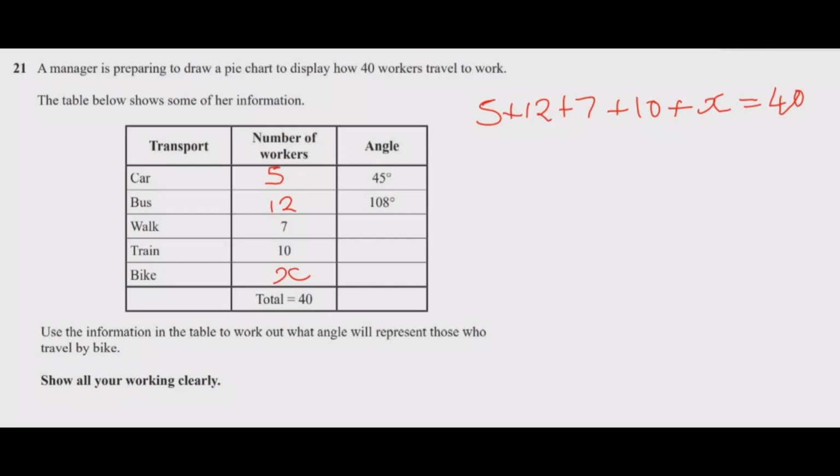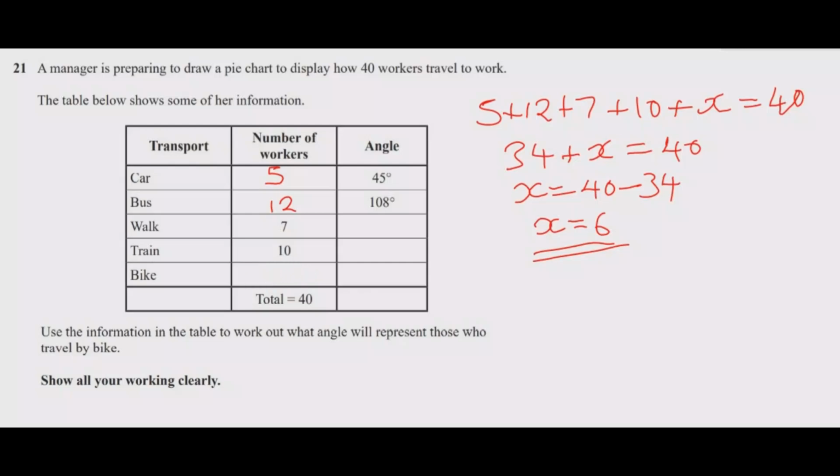Then we add 5 plus 12 will give us 17, 17 plus 7, 24, 24 plus 10 will give us 34. 34 plus x is equal to 40. Then we put like terms together, we say x is equal to 40 minus 34. Then we have x is equal to 6. So the number of workers who come by bike is 6. So here we can put 6.